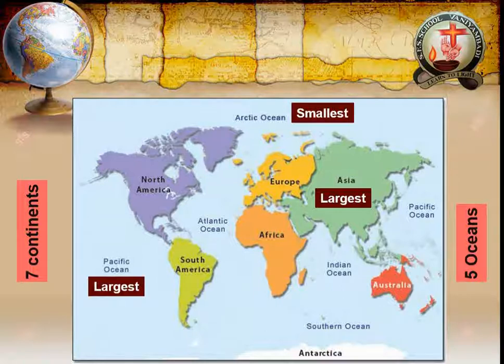And which is the smallest one? Australia is the smallest continent. Students, I believe you would have understood what is meant by continents and oceans and how they are divided into pieces.